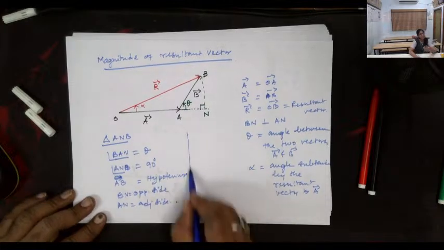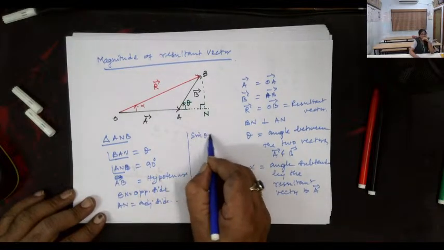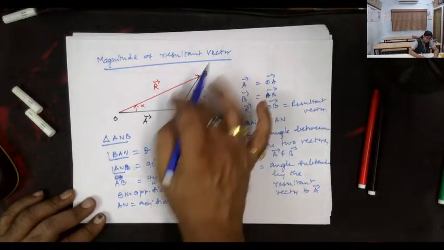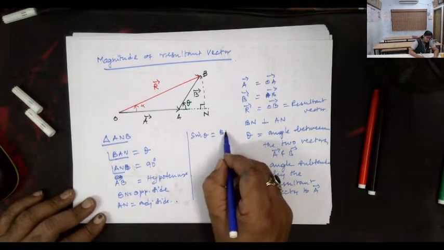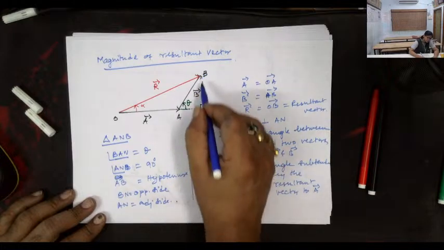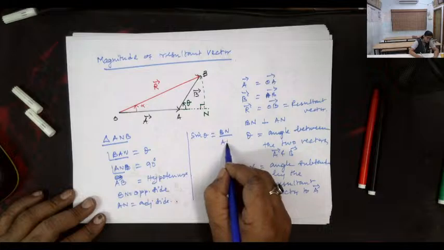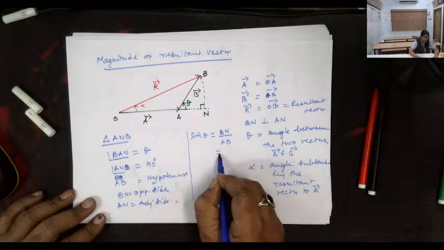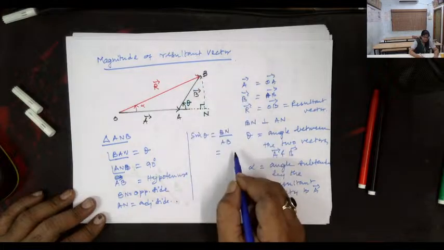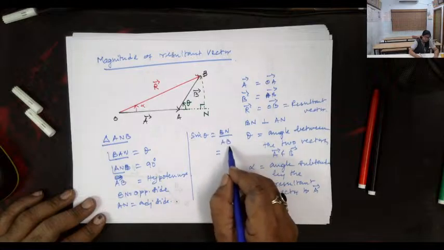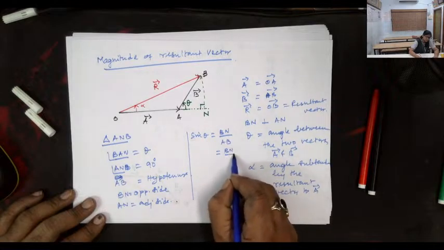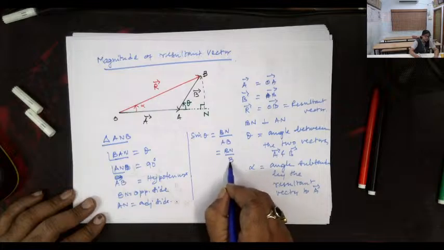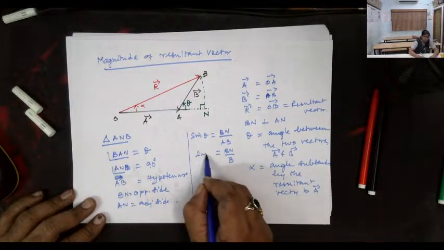Therefore, sin theta is equal to opposite by hypotenuse. Therefore, BN by AB. Do you understand this? BN by AB. Okay, and this AB is nothing but the magnitude of vector B, so you can call it BN by B. Okay, and this is sin theta.